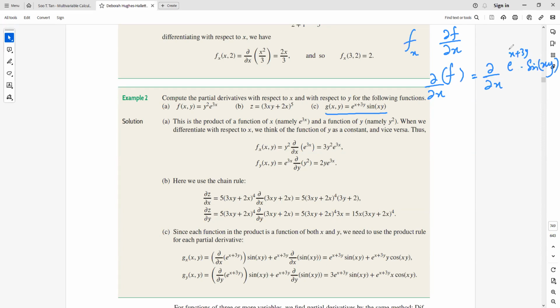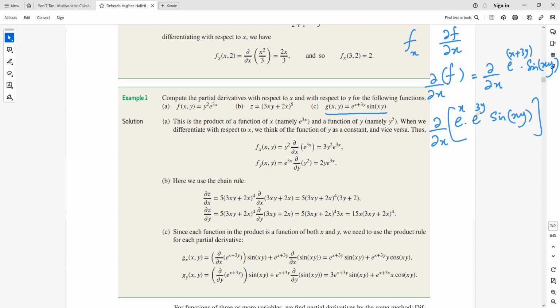Since both the functions here contain x and y, we need to be careful while computing the derivatives. I can write this as e power x times e power 3y. We can split it this way, but sine xy will remain as it is.